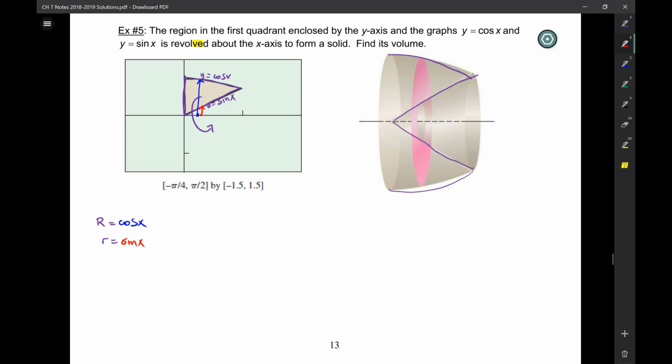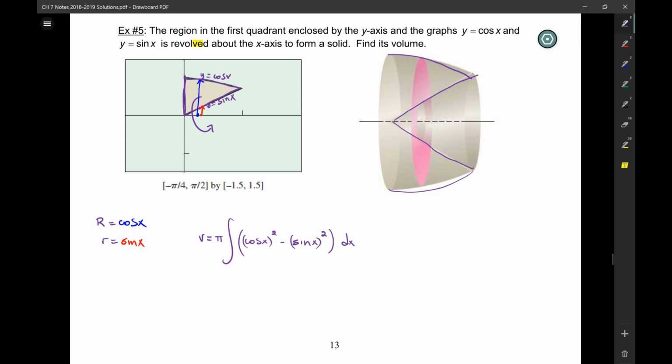It's a bigger distance. So now for volume, I want to say pi, big R squared, cosine of x squared, minus little r squared, dx.